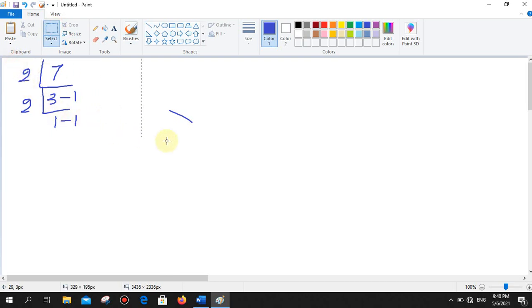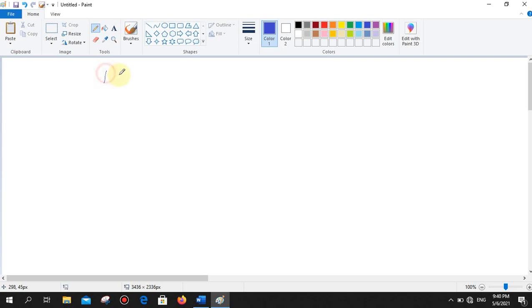Okay, now we'll try out the first number which I gave you when converting binary into octal, that is 11101. What is the method of doing this one? The second method.